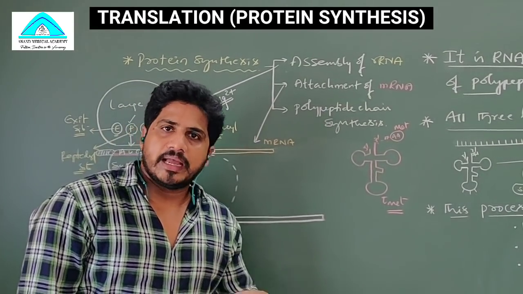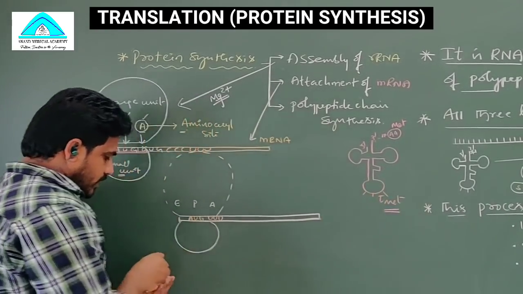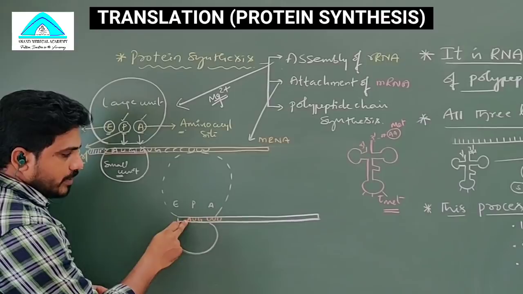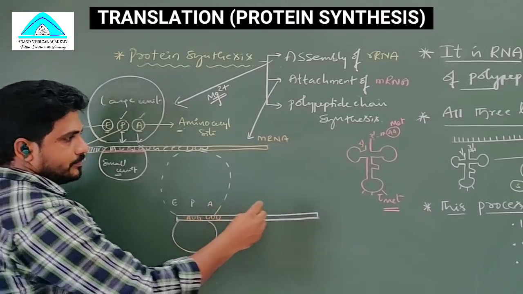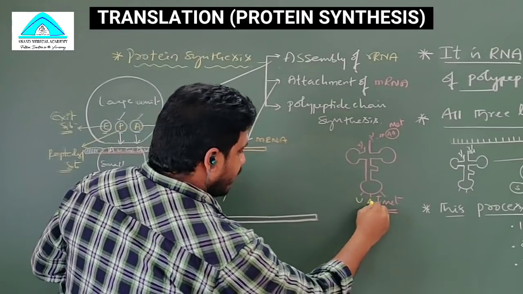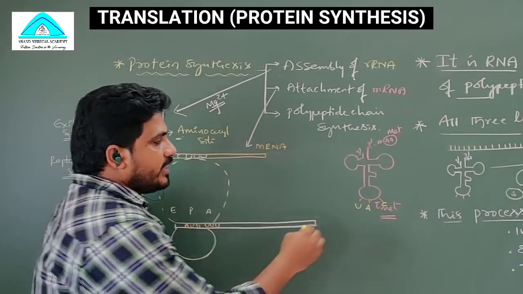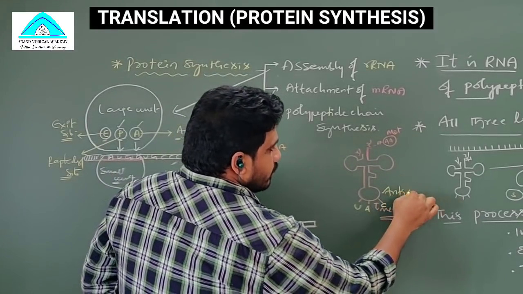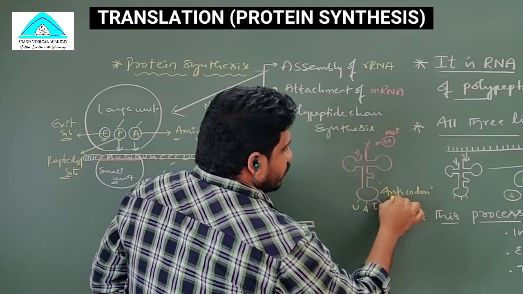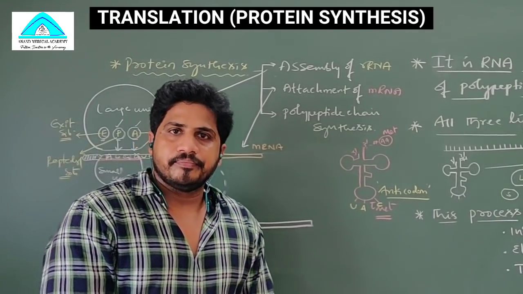This will have the anticodon opposite to AUG, meaning UAC. A opposite U, U opposite A, G opposite C. The UAC anticodon-having tRNA can bring methionine.